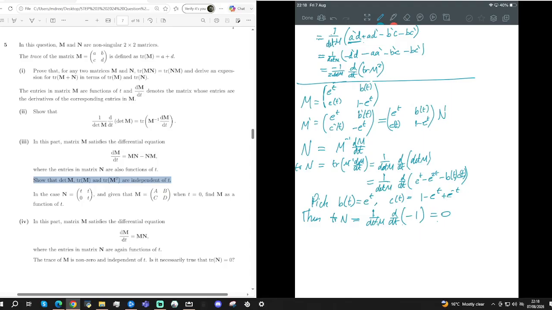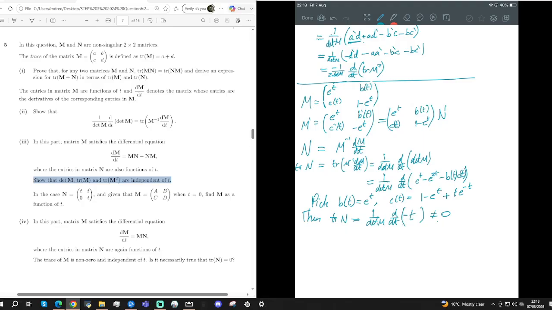But this isn't what I wanted. I didn't want the trace of n to be 0. So let's pick c to be slightly different. Let's say plus t e to the minus t, so that this thing here becomes just t, well really minus t, which does not equal 0.